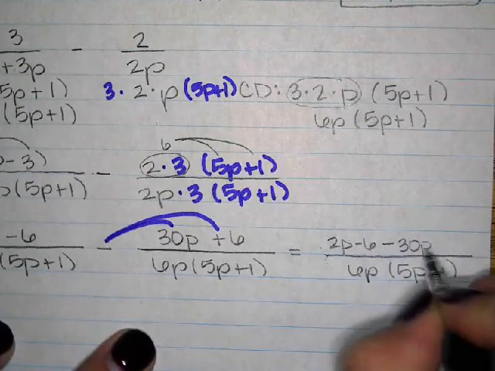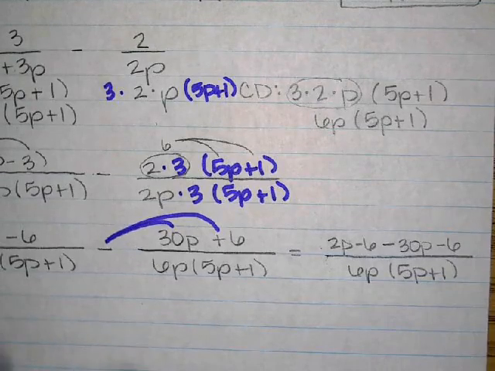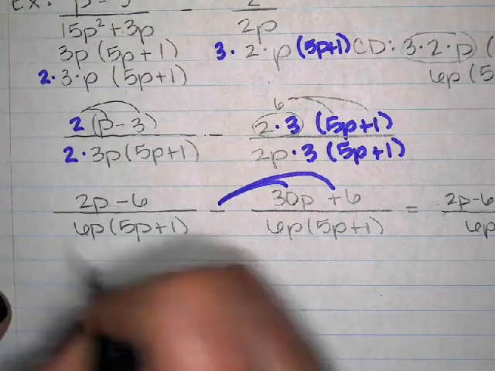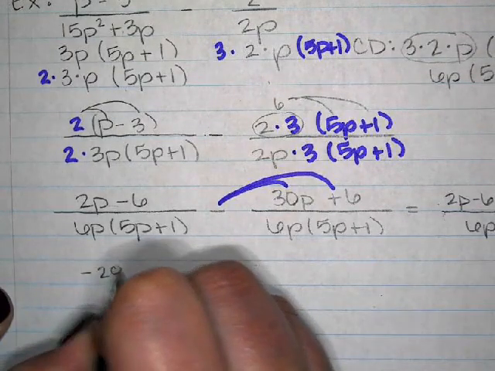We can still set it up like that, but instead of switching the signs, we put it normally. A lot of students don't even do this part because they just have to combine like terms with adding, so it saves you a step, which is why I don't teach that first, because then students will always save themselves that step, and then they get half the problems wrong. So if we combine like terms in the numerator, we have negative 28p minus 12.